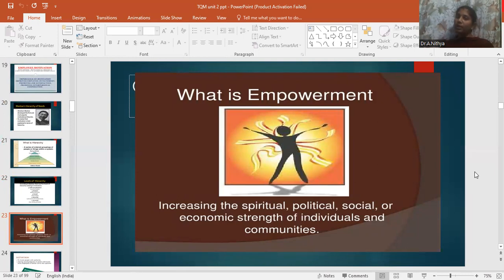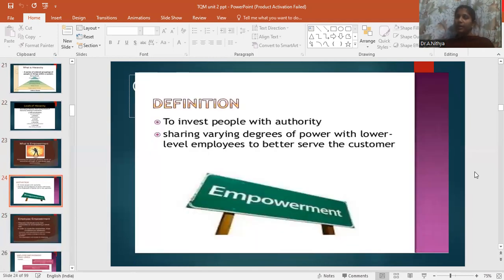So now comes what is empowerment. Empowerment means increasing the spiritual, political, social or economic strength of individuals and communities. That is, to invest people with authority, sharing varying degrees of power with the lower level employees to better serve the customer.